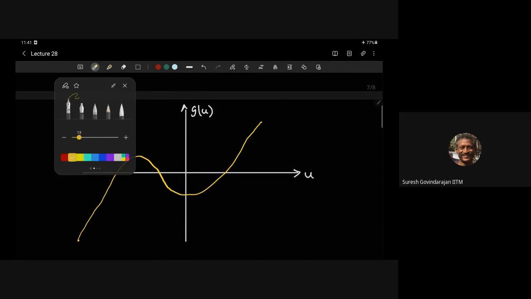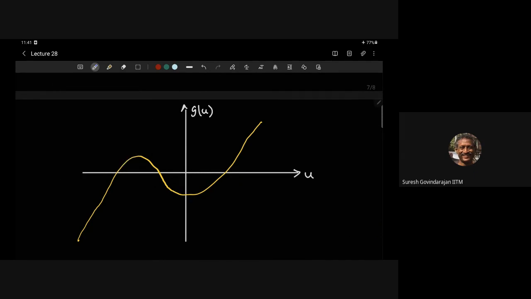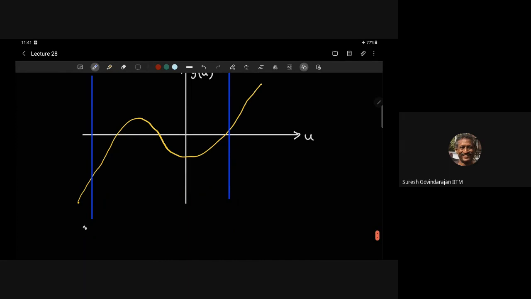Let's also put in the constraint that u is restricted between minus 1 and plus 1.